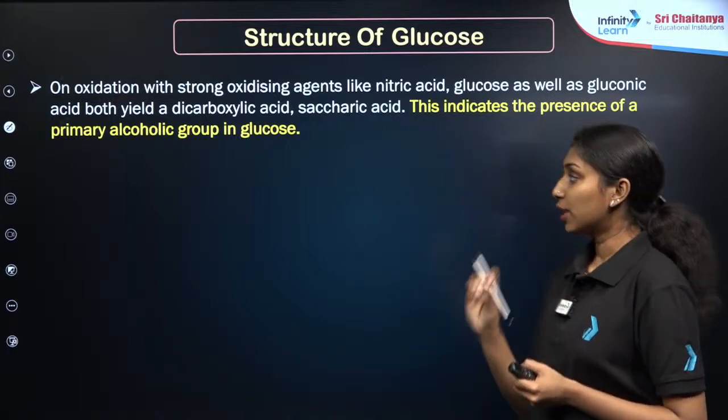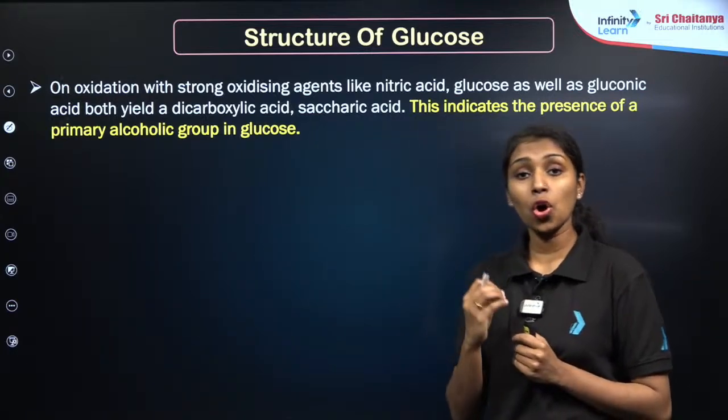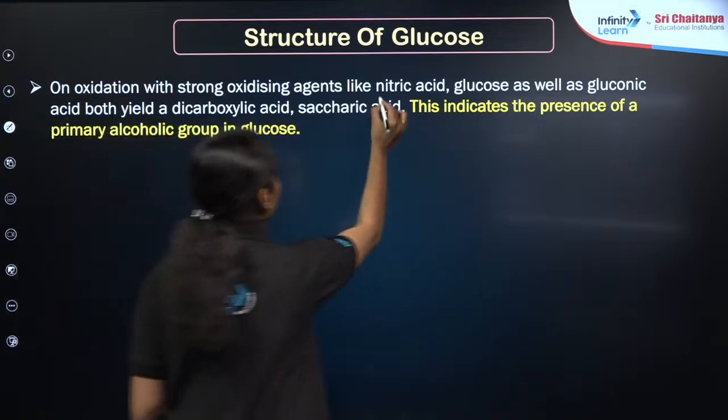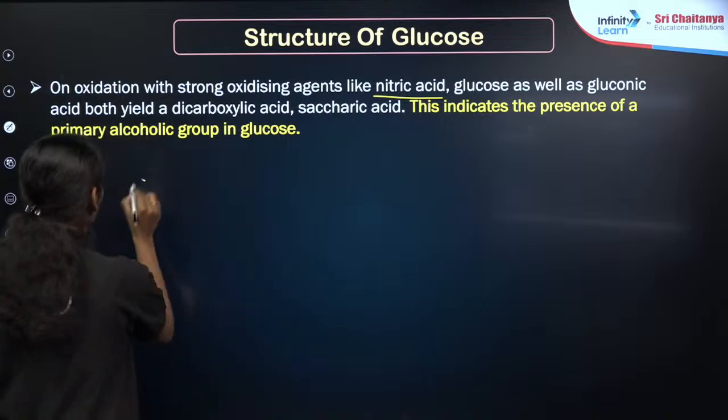The last evidence to find out the structure of glucose is the reaction with a strong oxidizing agent like nitric acid. So we are taking here our glucose.